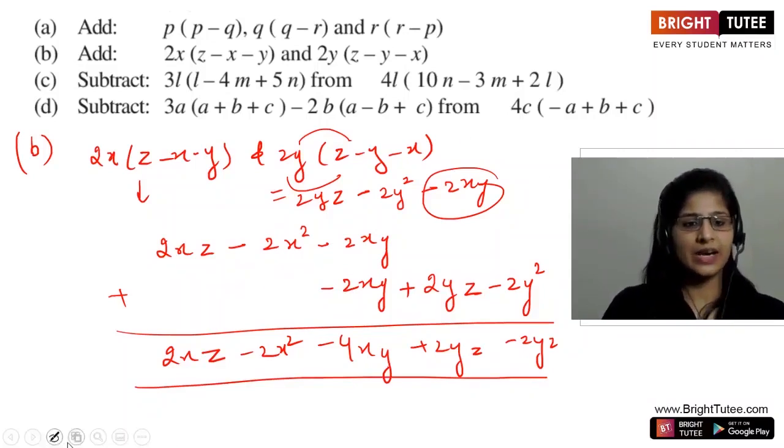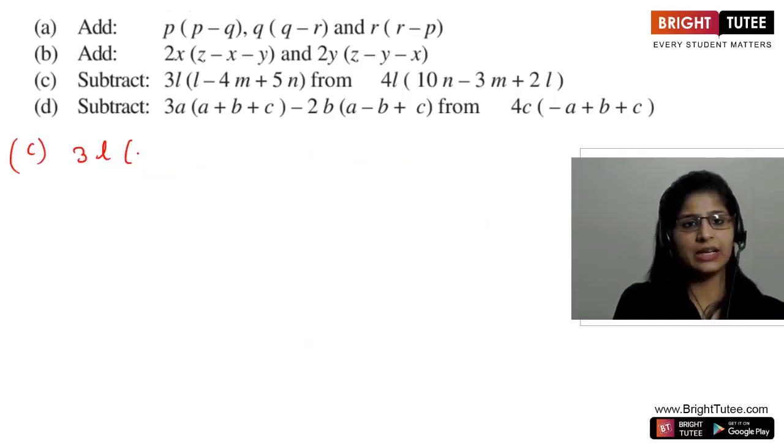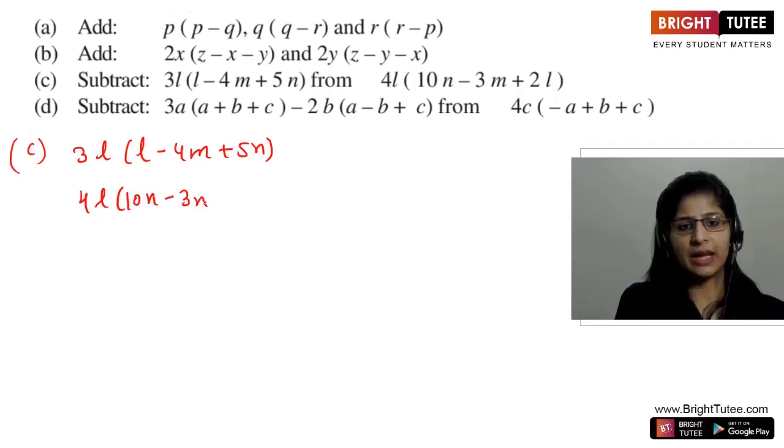Okay, let us try the third one now. In the third one we have the first as 3l(l − 4m + 5n), and the second one is 4l(10n − 3m + 2l).